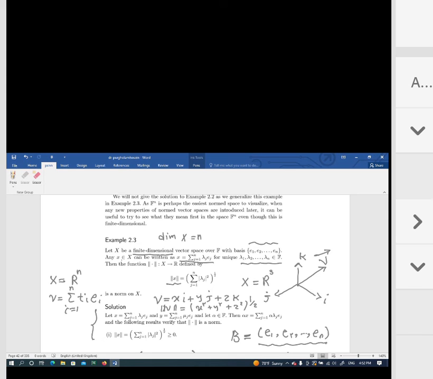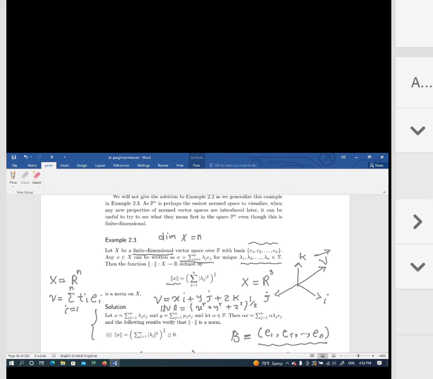So for example, if X equals R3, a three-dimensional vector space, the standard basis for R3 is i, j, k.